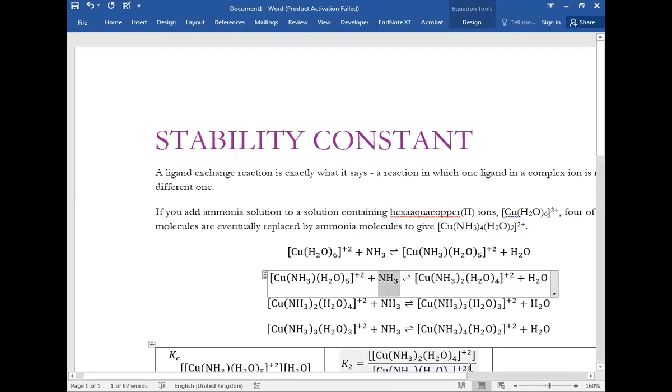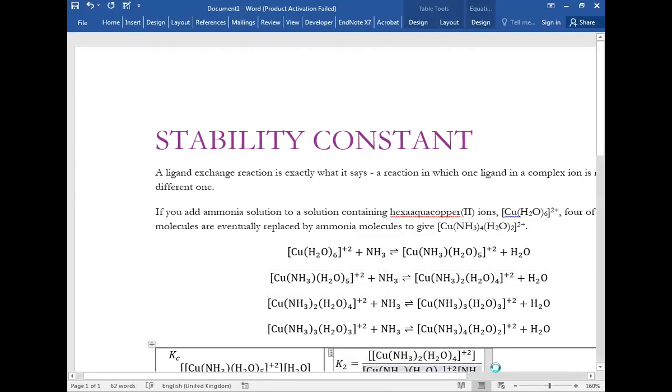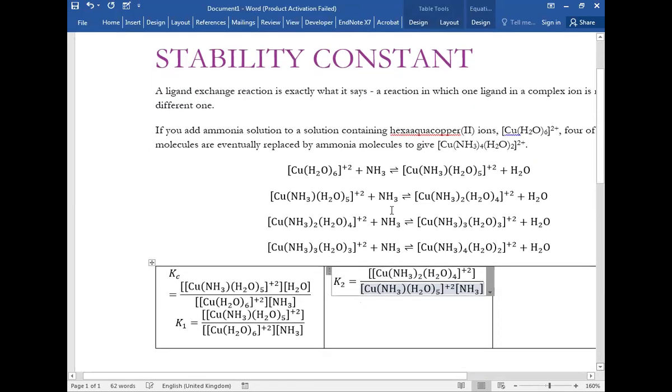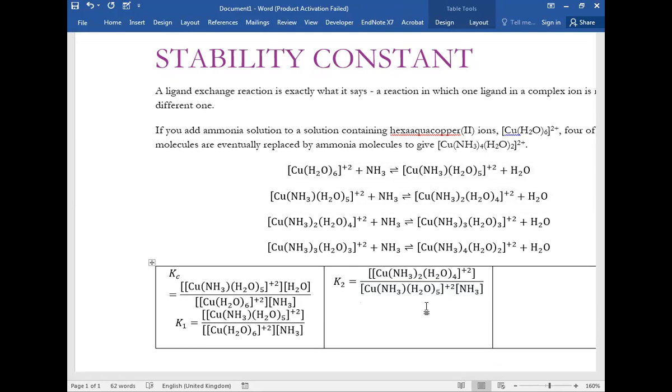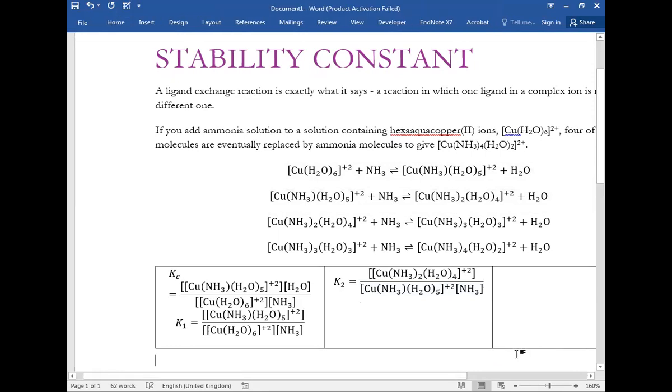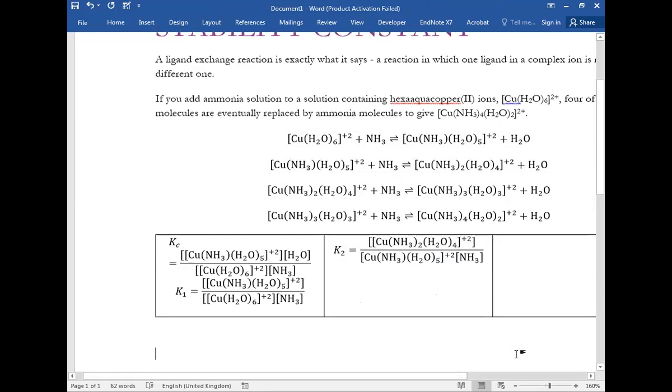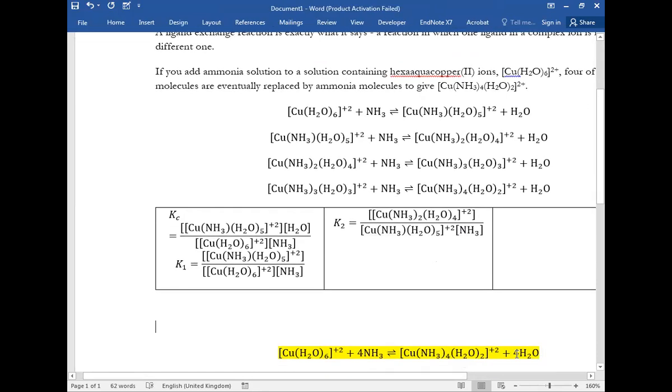My question is still the same. How do I get the overall stability constant, provided I give you all these individual stability constants? I give you K1, K2, K3, K4. How do I get the overall stability constant? Maybe we add them. Okay, think about it. I've given you a couple of ratios.